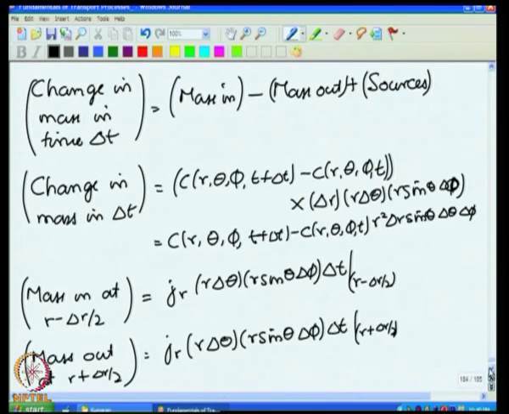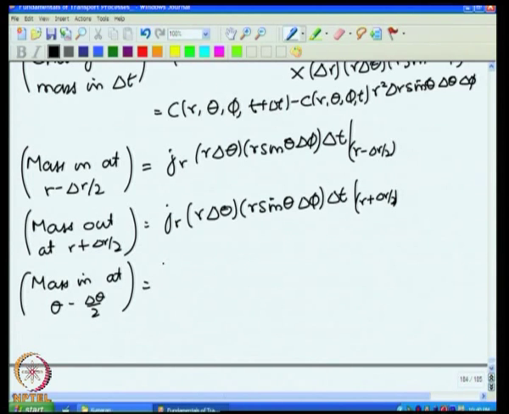Okay. Therefore, in the theta direction, the mass in is going to be equal to the component of the flux in the theta direction, J theta, times the surface area. Okay. The surface area for that surface on top is equal to delta r times r sin theta delta phi at theta minus delta theta by 2.